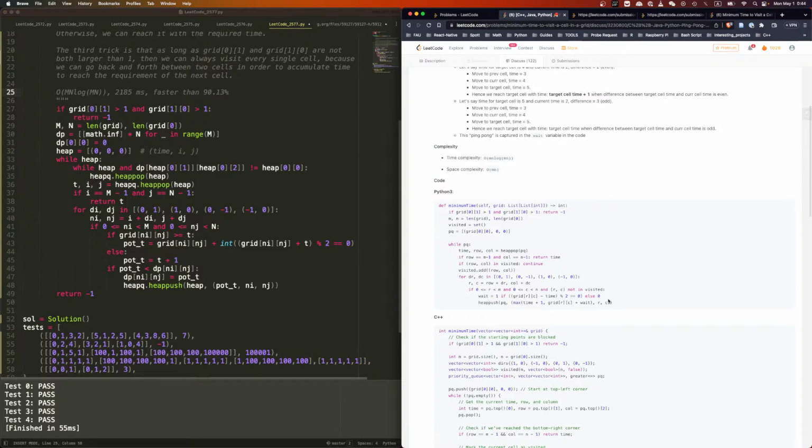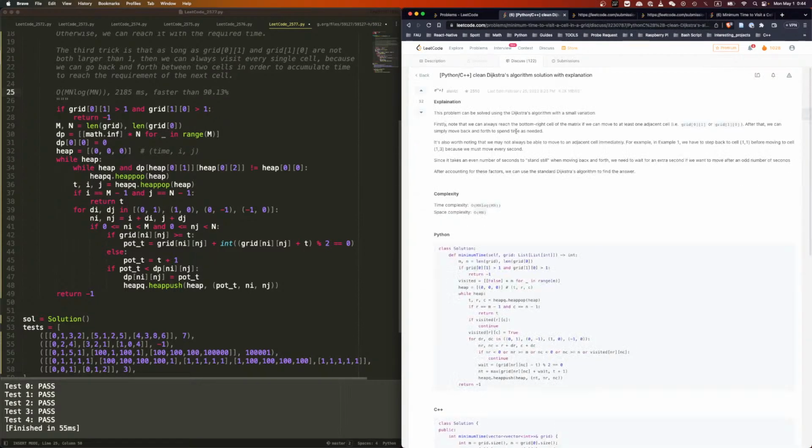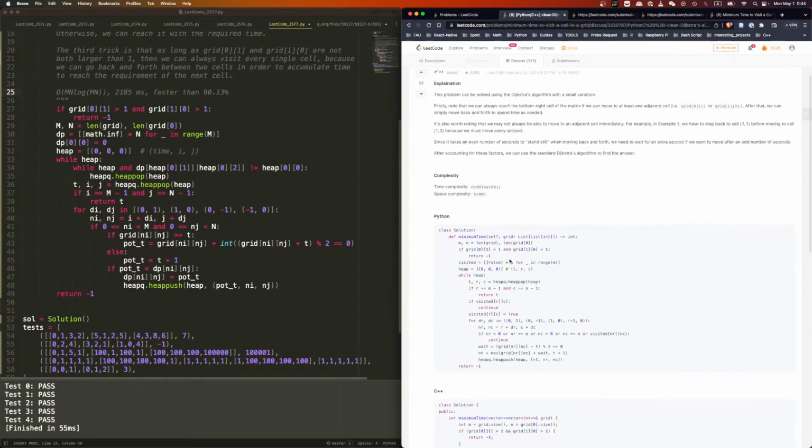But that's not how Dijkstra works, right? And Dijkstra does say you go to the next one, the smallest. Huh. Maybe that is the Dijkstra? I don't know. What is Dijkstra anyway? Visited.